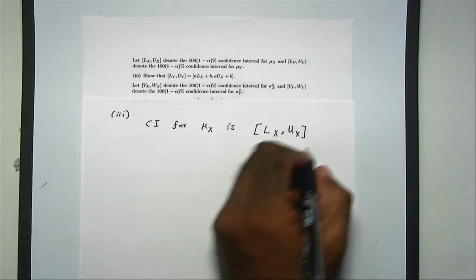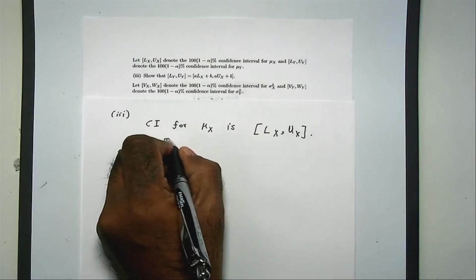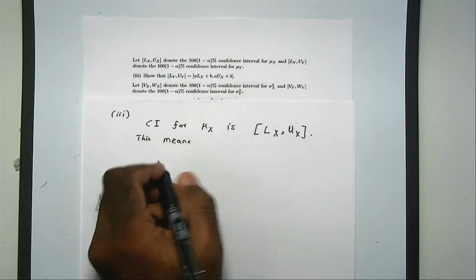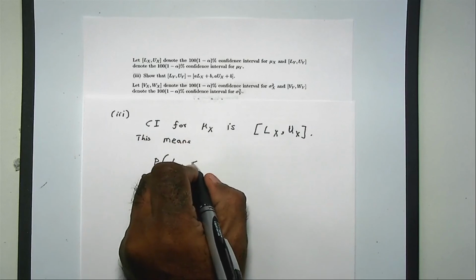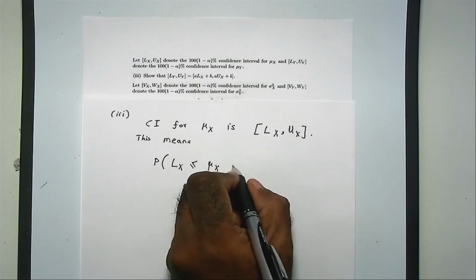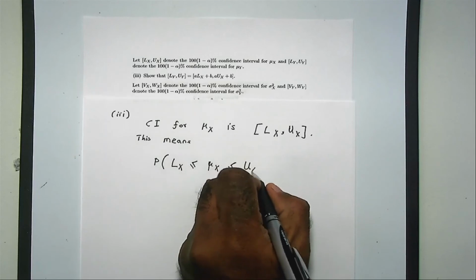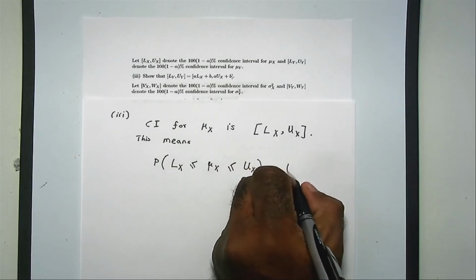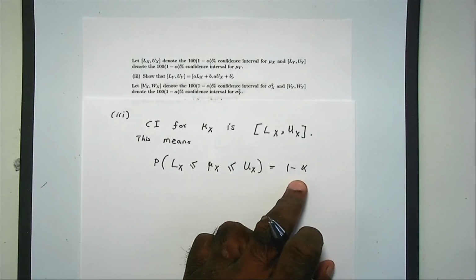So this means that the probability that mu x lies between the lower limit and the upper limit is equal to 100 times 1 minus alpha.